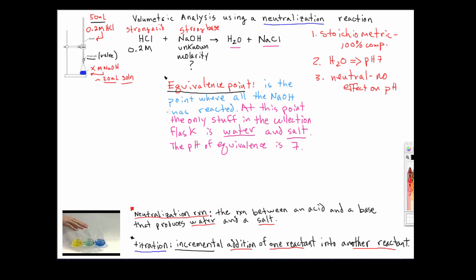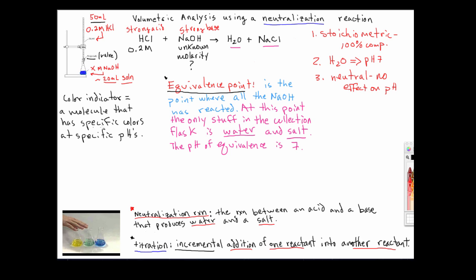Now, the way we solve this problem is we use what's called a color indicator. All right, a color indicator is a molecule that has specific colors at specific pHs.